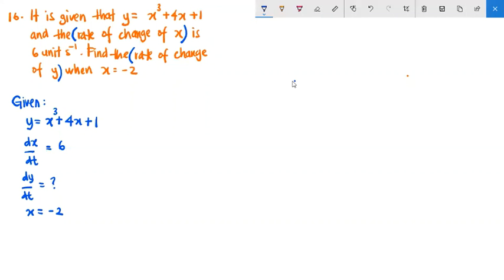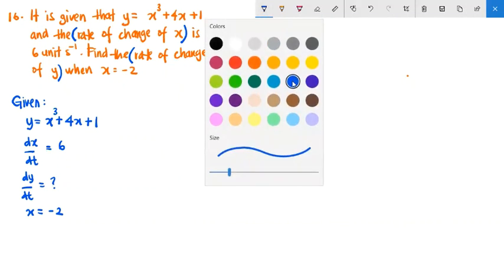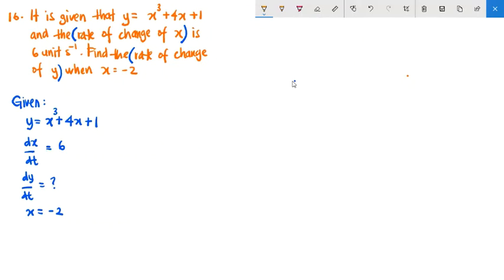Okay, so make sure inilah yang I said before, from the equation derive. Ini sebab dia bagi y is equal to x cube plus 4x plus 1, dia bagi. So very easy lah, yang ni kita practice yang like dulu. Okay, so daripada sini mesti buat dy over dx is equal to 3x squared plus 4, given x is equal to -2.